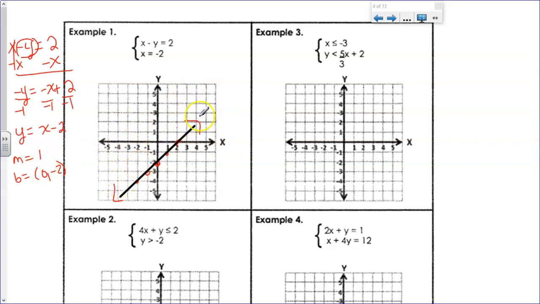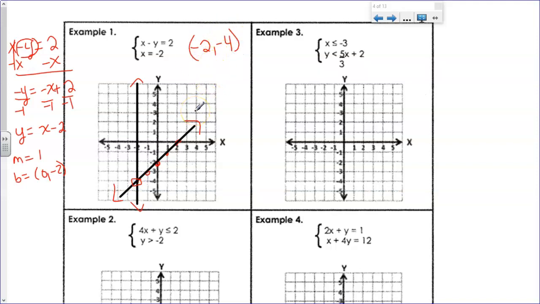That's that first line. Now this one doesn't have a y, but if you remember, x equals negative 2 means every time x is going to be negative 2, it makes a vertical line at negative 2. Now we can see that it intersects at (-2, -4).